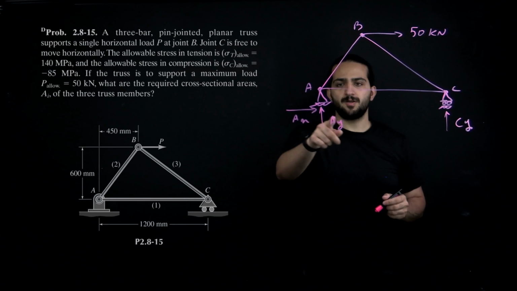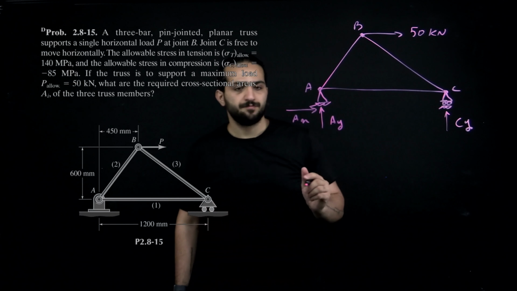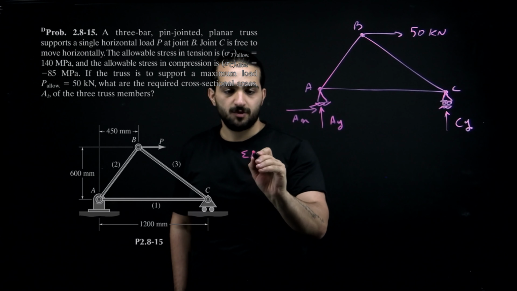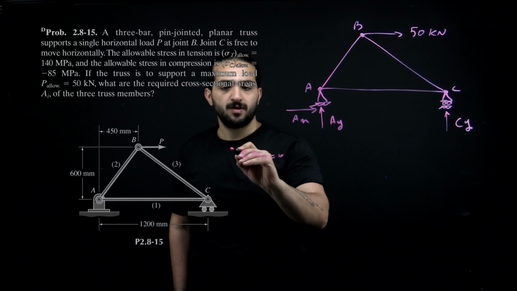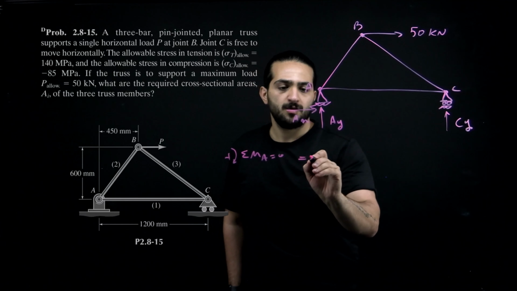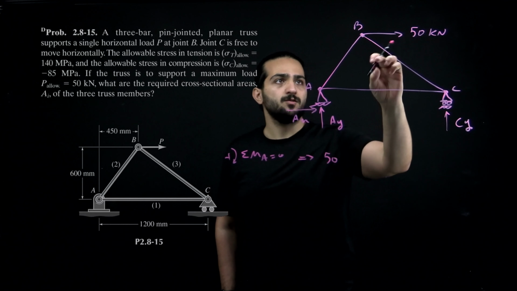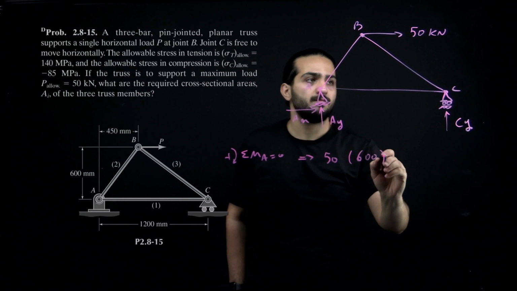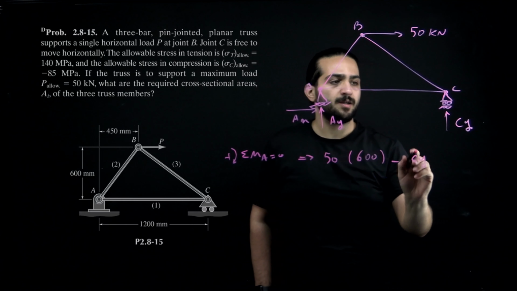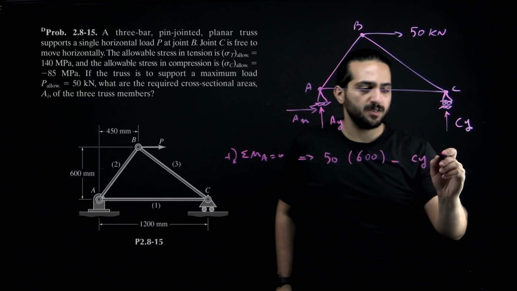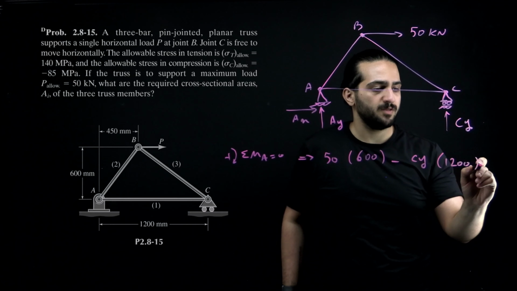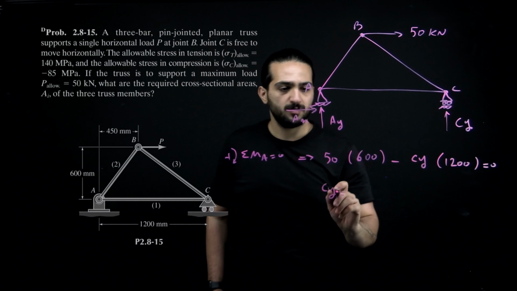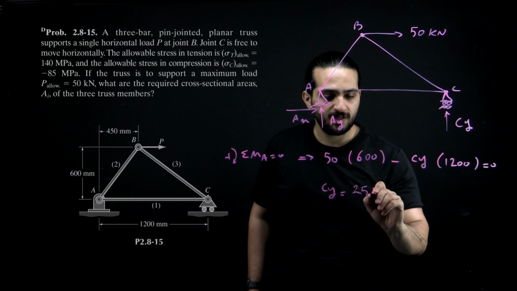So we're going to start by writing the equations of equilibrium. We take the moments around point A, sigma MA is equal to 0. So 50, this load, multiplied by this distance, which is 600, minus CY, this distance is 1200, is equal to 0. This will give us a CY equal to 25 kN.